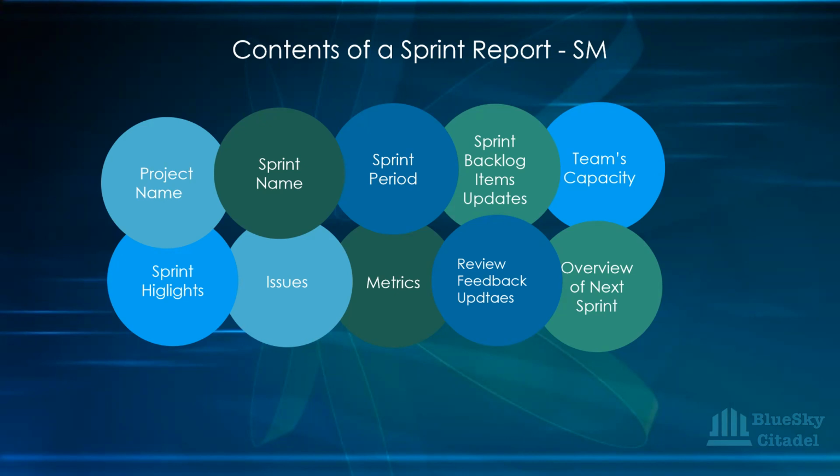Also, you're able to give the sprint highlights. What are those things that happened during that sprint? You're able to provide them with that information. There could be anything that happened, but the highlight of your sprint, you're able to put it in there. If you have any issues, you're also able to put them there. Did you have some technical issues during the sprint?